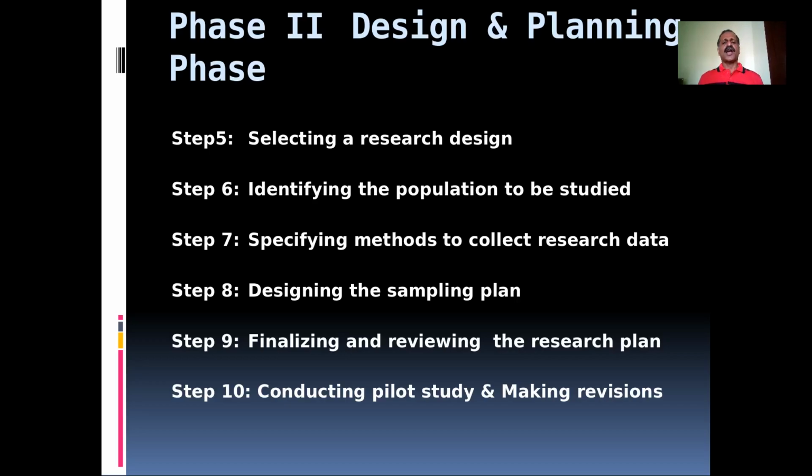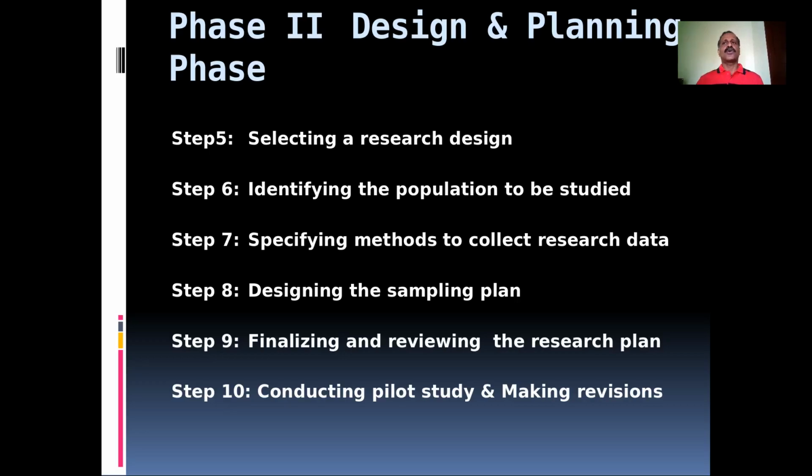So once you have identified the population, go to the seventh step, that is specifying methods to collect research data. This is choosing the methodology. Again, according to the research design, for every design there are a lot of methods. Which methodology are you going to use for collecting research data?